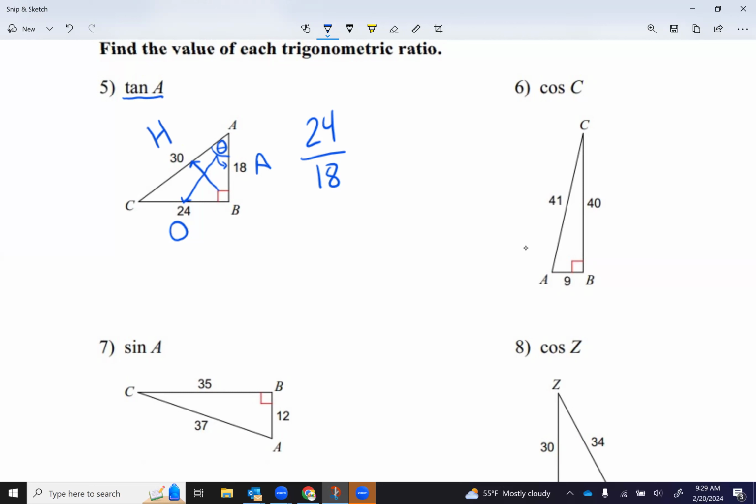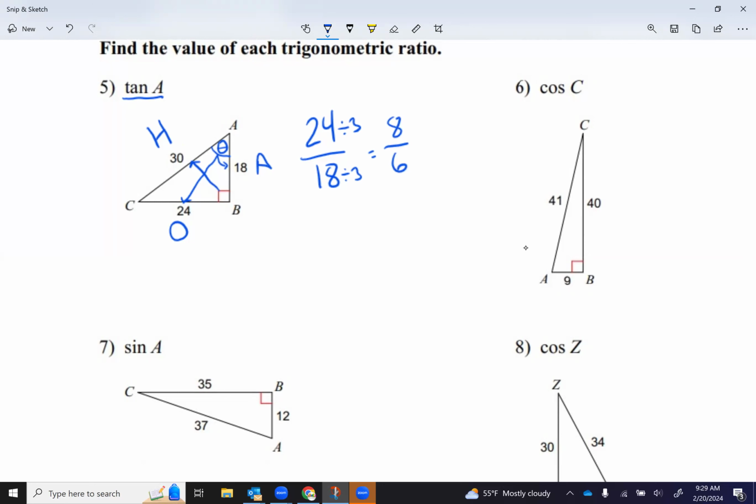Now, I know if you type in 24 over 18, it says it's wrong because we have to simplify. Some people might say, let's divide this by 3. 24 I can divide by 3, 18 I can divide by 3. So that gives me 8 over 6.